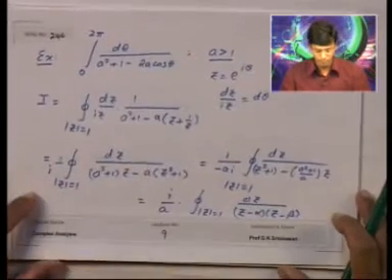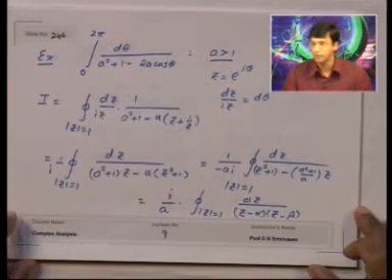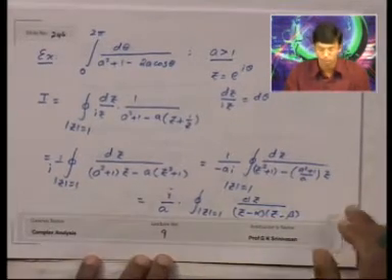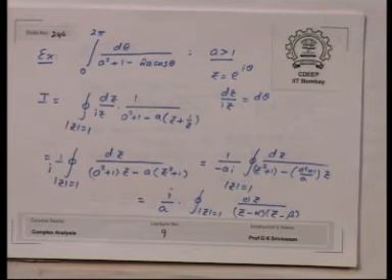Next example, one more example we can calculate, but I will not carry it to completion because we have carried the first example to completion. The integral from 0 to 2 pi d theta upon a squared plus 1 minus 2a cos theta, where a is real, a is bigger than 1.